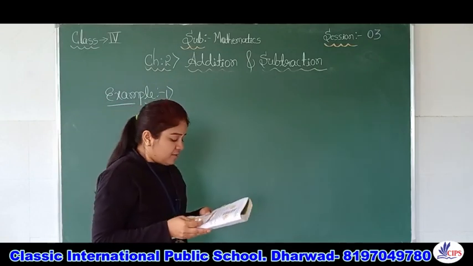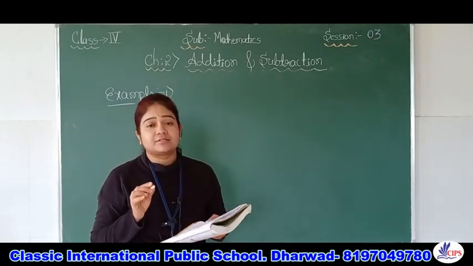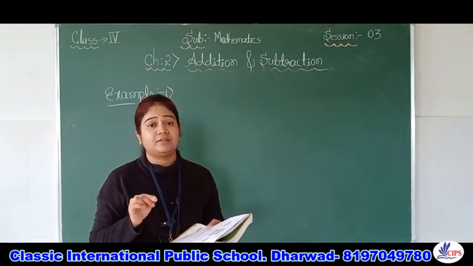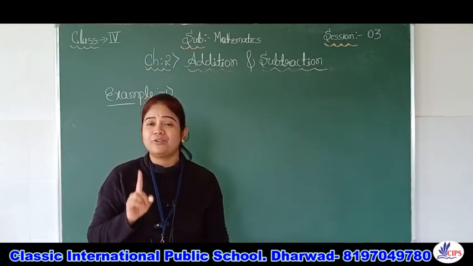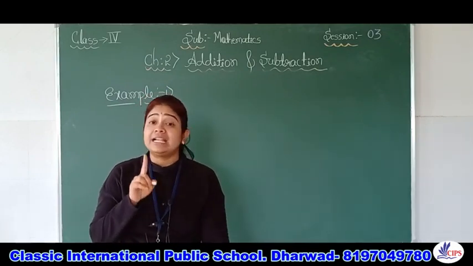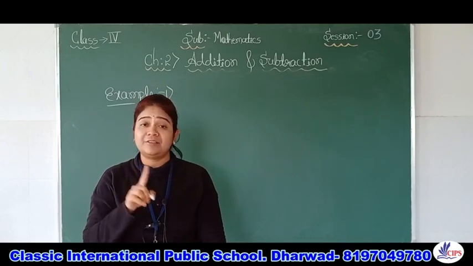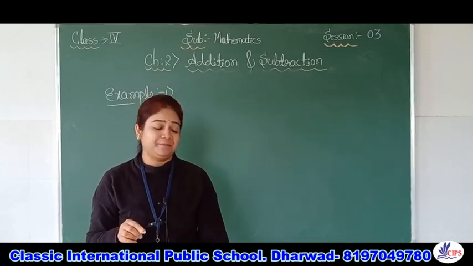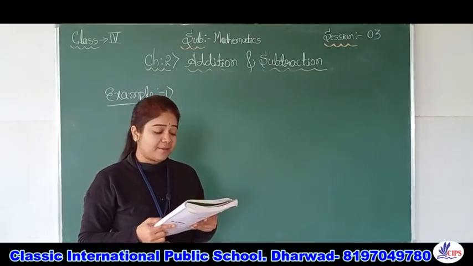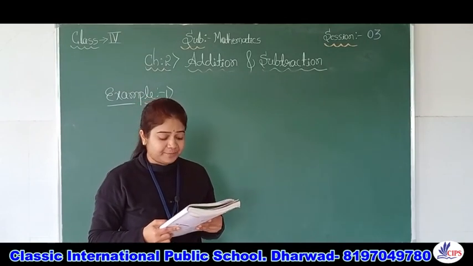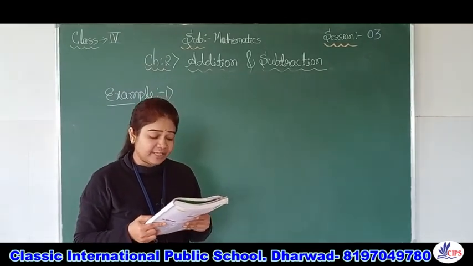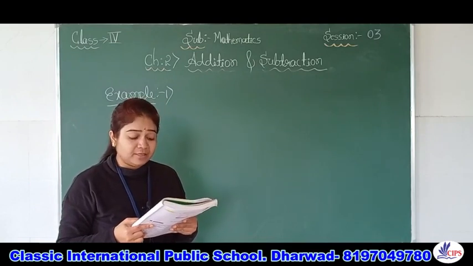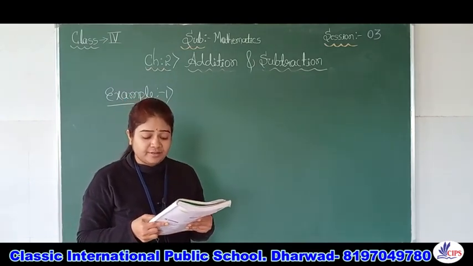First I will read out this question, because you know step 1 is understanding the given problem. Okay, so the example is, in the first week 12,725 people visited a book fair.